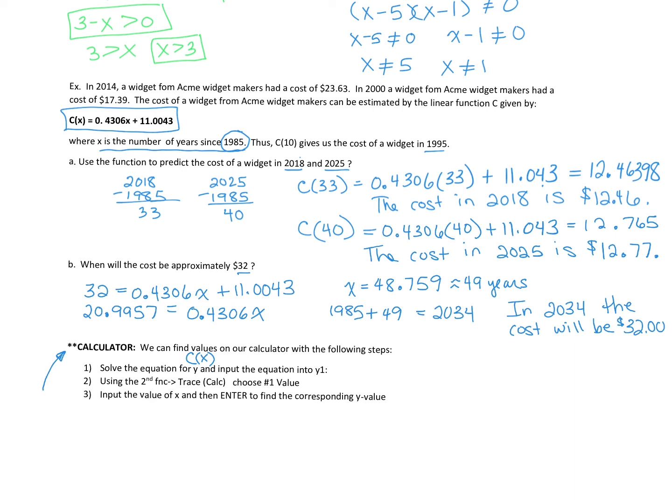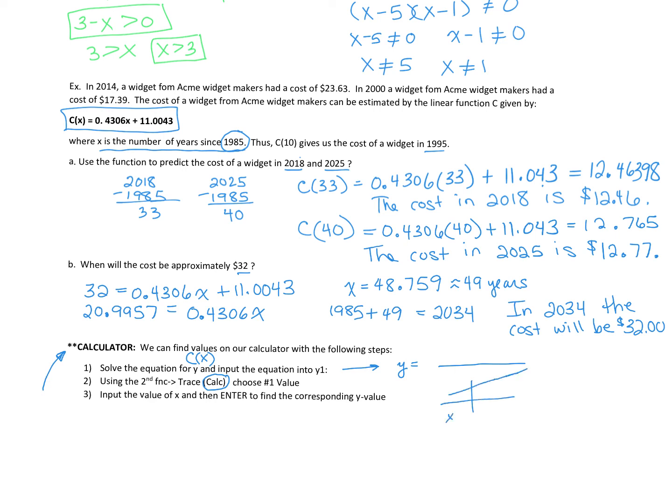So you do that by going to y equals and then typing your equation, and then using the second function, which is the blue key, and clicking on trace, and you'll notice above trace it says calculate. You can choose number 1, which is a value. It will graph your function.